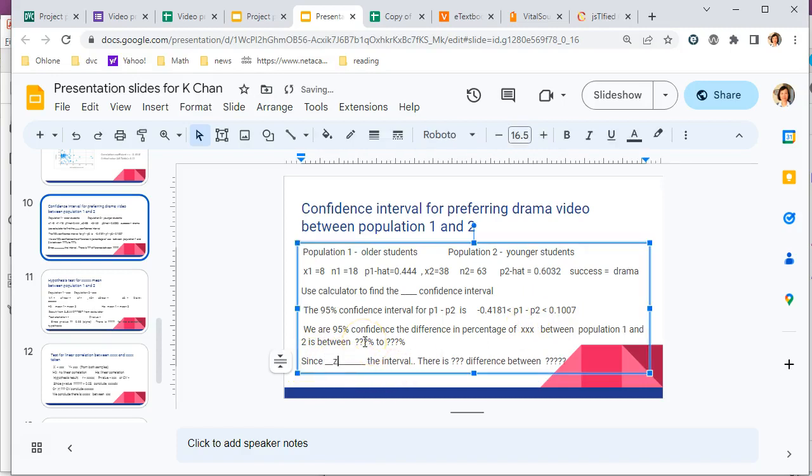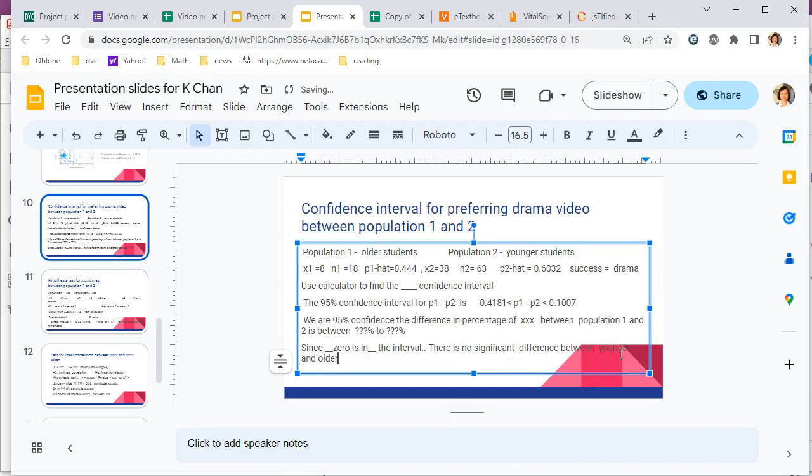They are not all positive or negative in the interval, so there is no significant difference between younger and older students preferring drama for video watching. So do the analysis and the summary here.